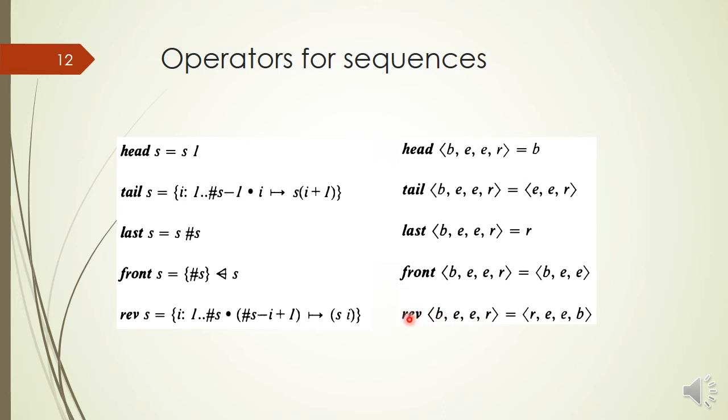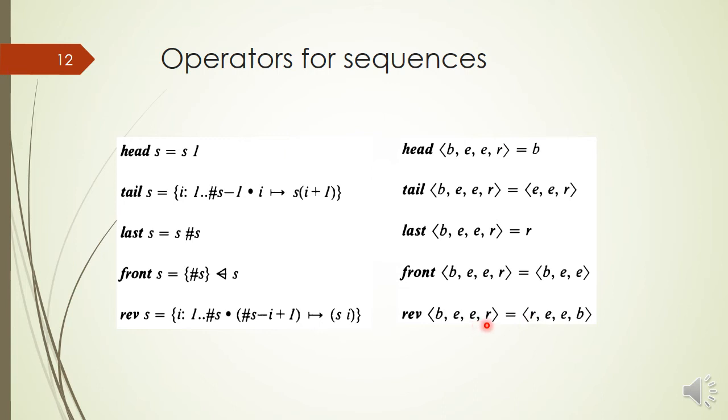As you can see in the example, the index of value B is 1 and the index of value E is 2 and value E is 3 and the index of value R is 4, and the size of the sequence is 4, and by applying the reverse operator, the last index would be the first index.